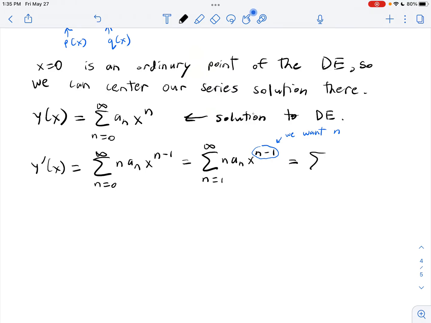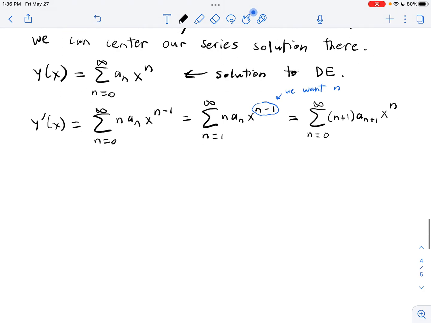I mentioned and I taught you guys how to do this in the last section, but if you want that to become an n, in other words, if you want that to get bigger by 1, you adjust for that by subtracting 1 from the index in the summation. So this is going to go from n equals 0 to infinity now, and then that means that every n becomes an n plus 1 inside of the sum. So this is going to become n plus 1 times a n plus 1 x to the n.